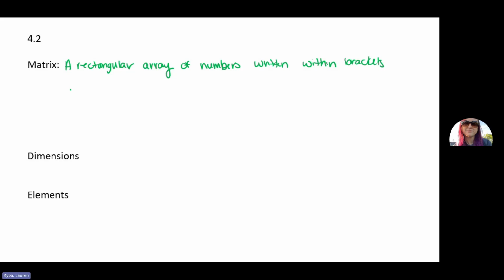Okay, so for example, I'm going to give you matrix A: 1, 4, 7, 2, -1, 0. Let me add a little bit of space between those just so it actually looks separate.